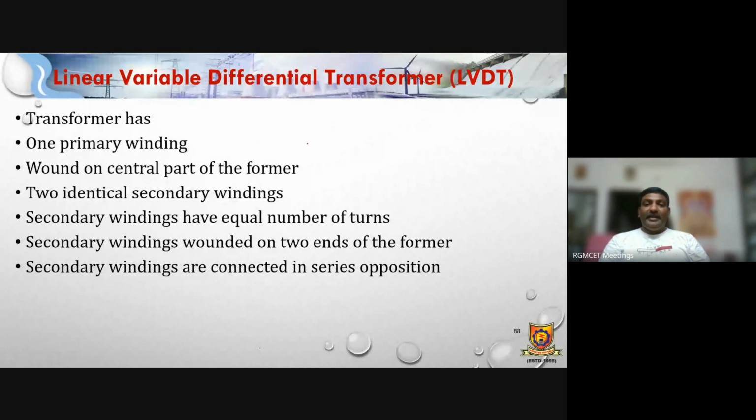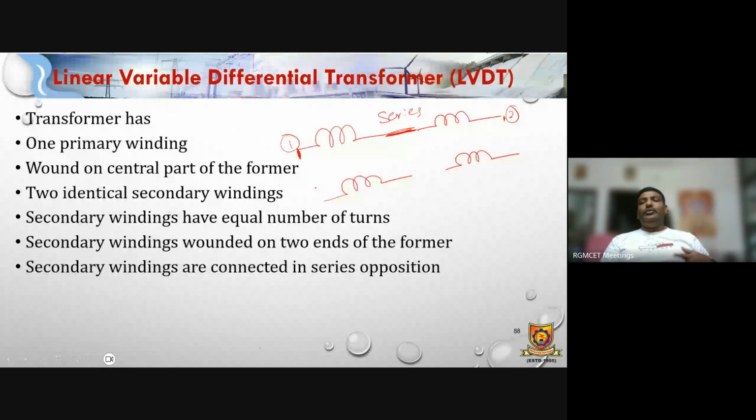So if the two windings, let us say this is winding 1, this is winding 2. If these two terminals are connected, we can call it series, right? If the same windings are connected like this, here this is terminal 1 and this is terminal 2. Between these two terminals, we are going to connect whatever the requirement. But now what we are using, this is terminal 1, and now we are going to connect here like this, and this will become terminal 2.